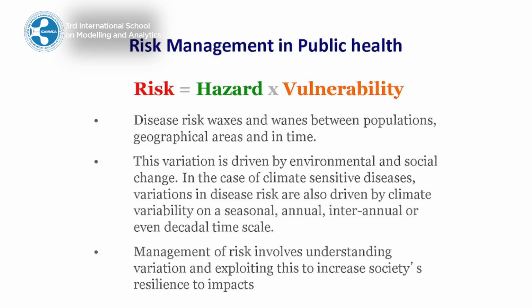Management of risk involves understanding variation and exploiting this to increase society's resilience to impact. Hazards, like I mentioned, are not just disease. Road traffic accidents are a hazard. Community conflicts are hazards, apart from diseases.